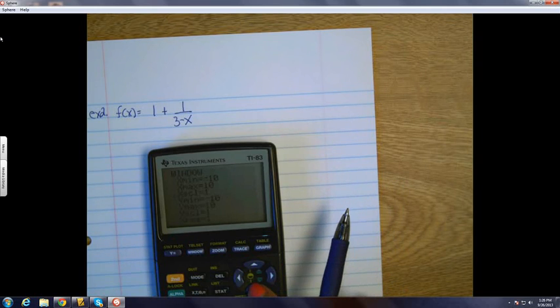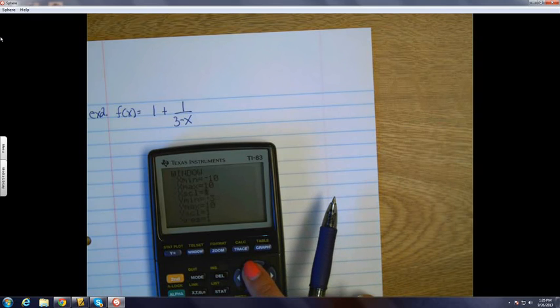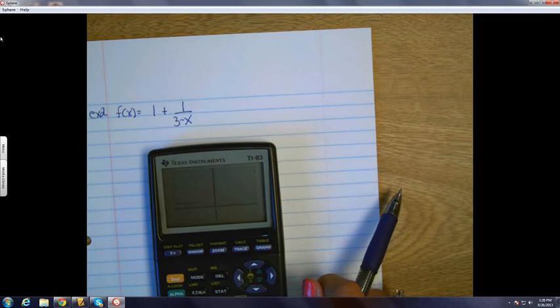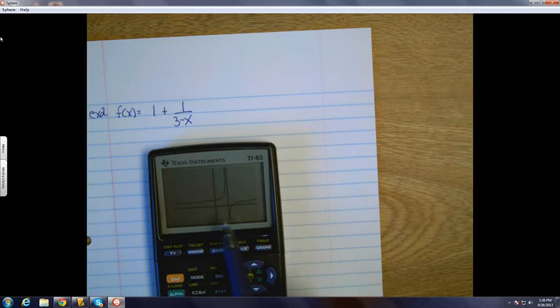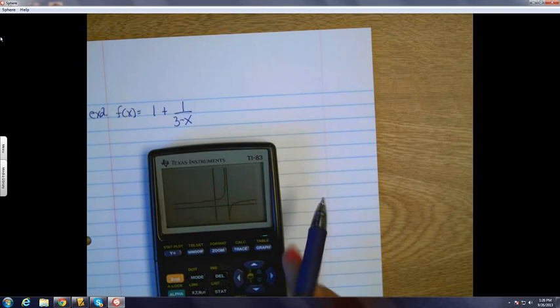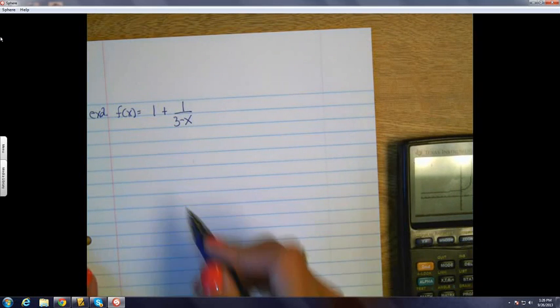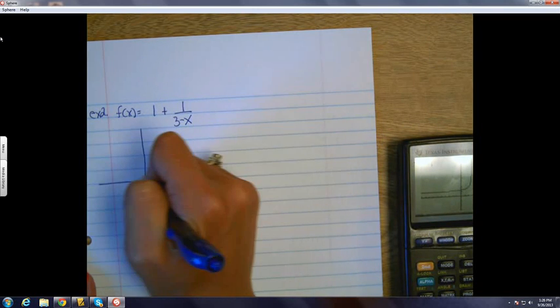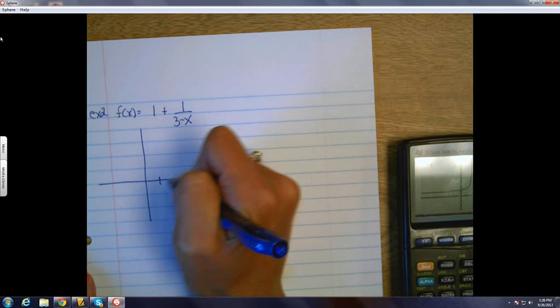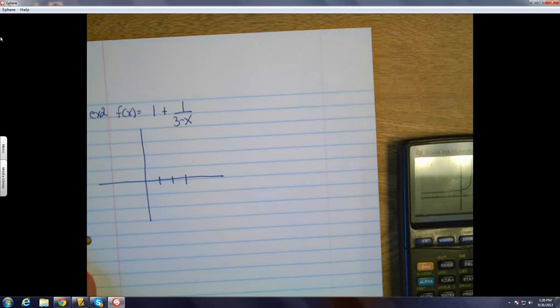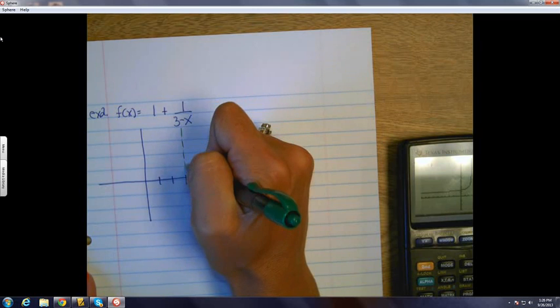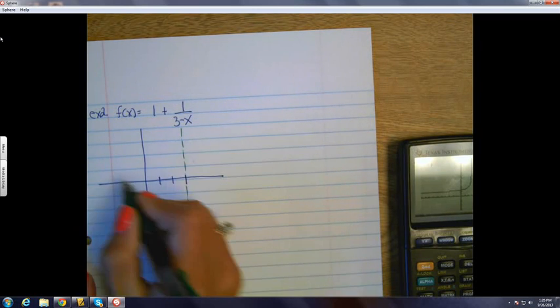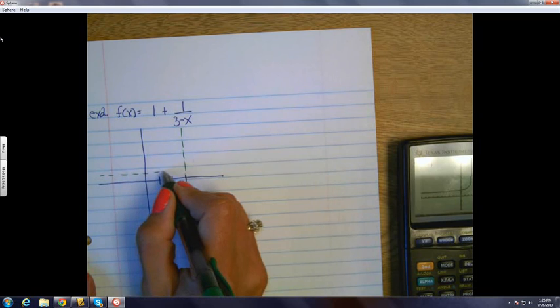So the window, I'm going to get rid of some of that negative 3 to... Yeah, I can definitely see there's something happening on the horizontal there. Definitely see something happening across here, but I'm not exactly sure where because I didn't look at the table.